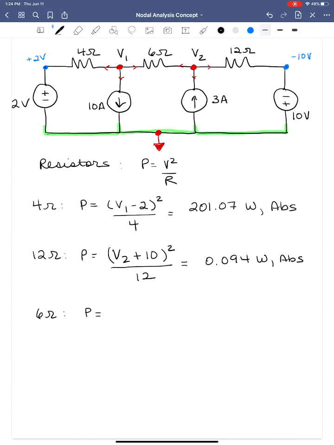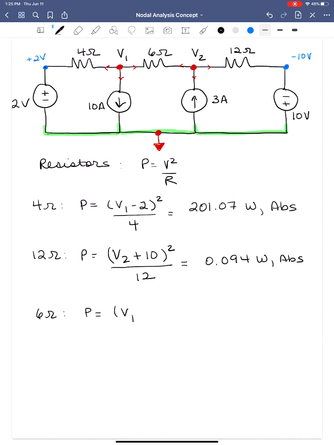Which one? Any thoughts? I know you can't answer me, but think about it for just a second. Is it V1 minus V2? Or V2 minus V1? The answer is it doesn't matter because we're going to square it. And V1 minus V2 squared is the same as V2 minus V1 squared.